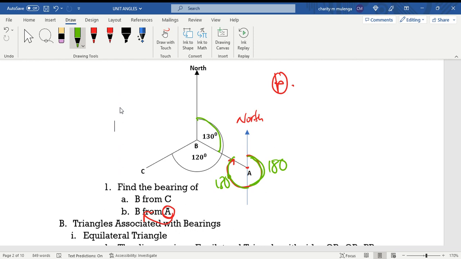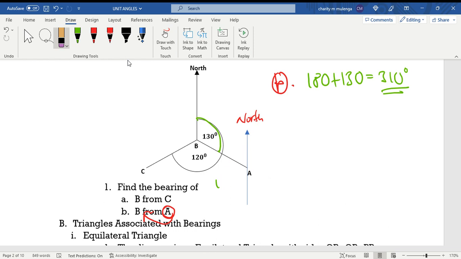You can use supplementary if you like, just to find the same answer. So 180 plus 130 gives us 310 degrees. So that is our answer there. So we found our bearing there. It's 310 degrees.